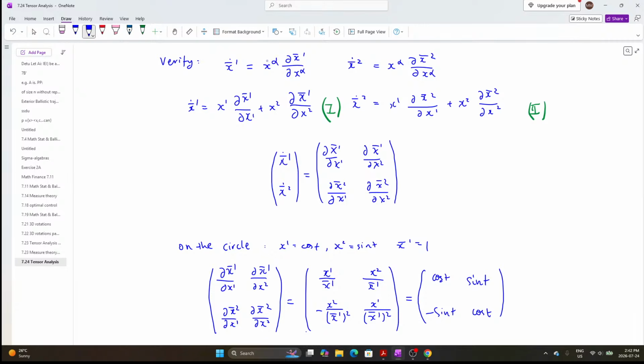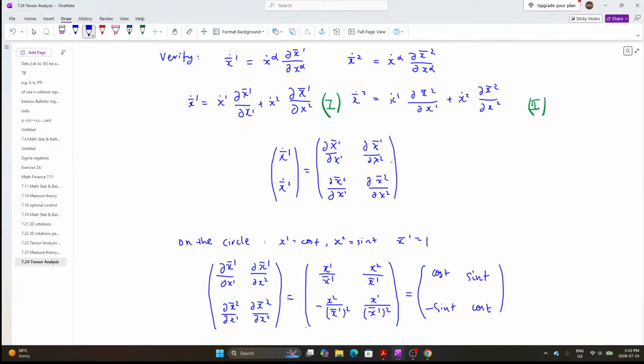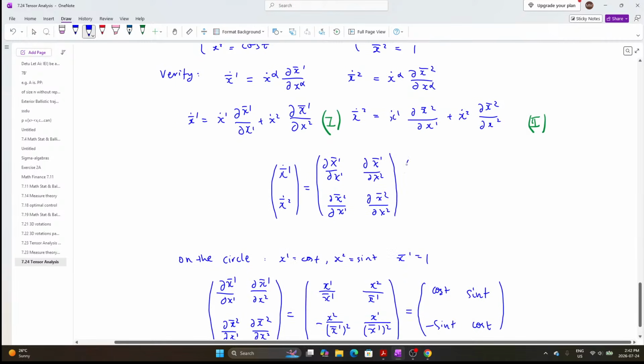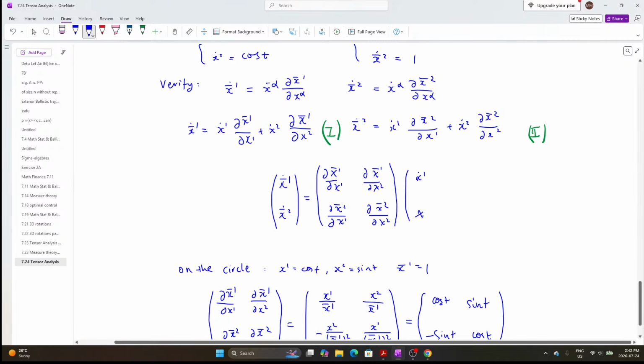I was stupid. Why did I miss the dot here? It should be tangent vector, right? If you don't add the dot, it's a radius vector. Of course that doesn't match. Okay, that's the problem. Let's rewrite this in matrix form and then verify the matrix form. X1 dot, x2 dot. That was a mistake caught. I forgot to add dot on the right hand side.